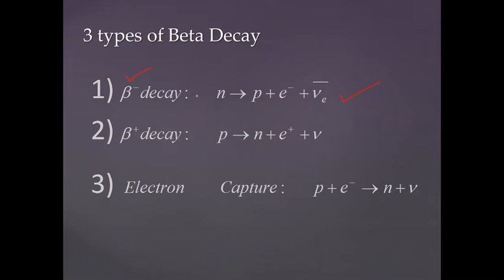In the beta minus emission, your neutron gets converted into proton. Please understand, in all this beta decay, A remains the same.